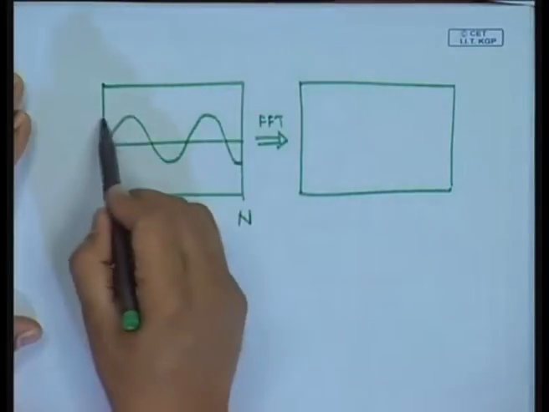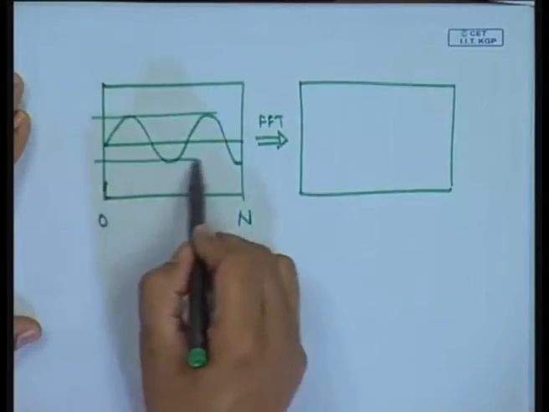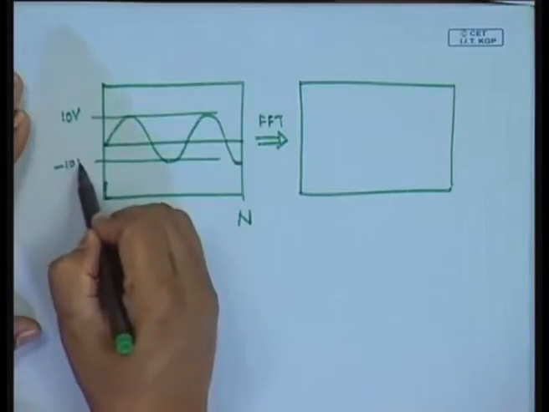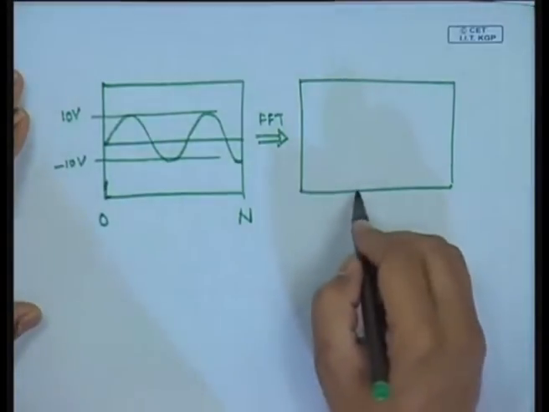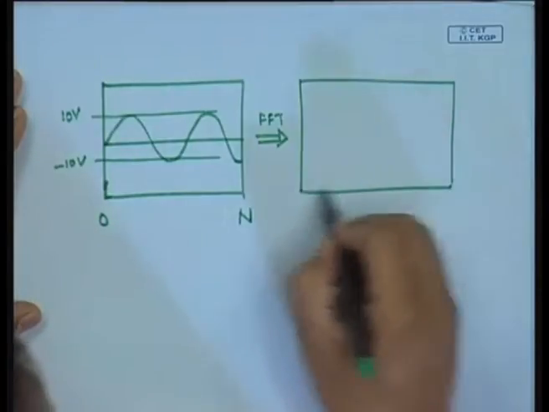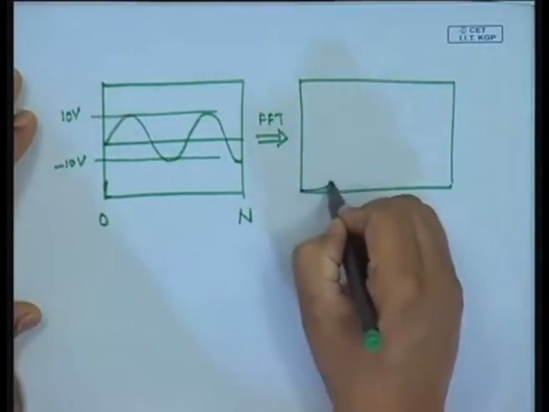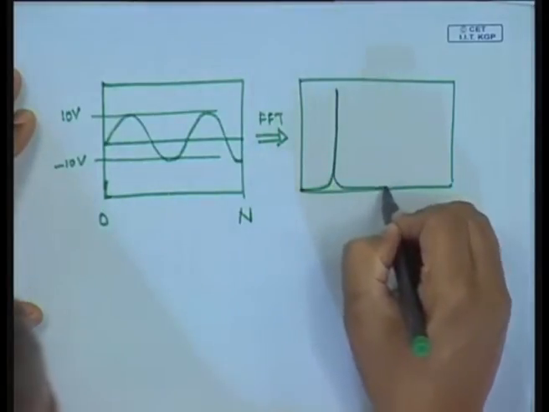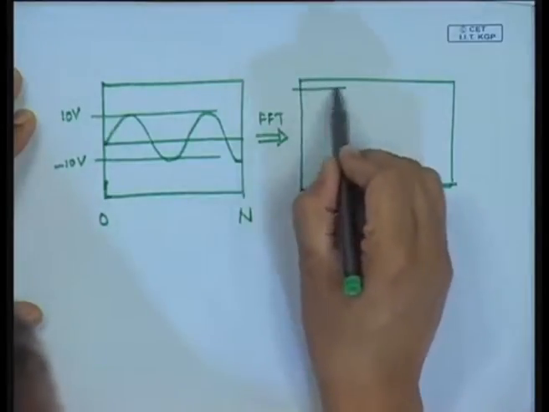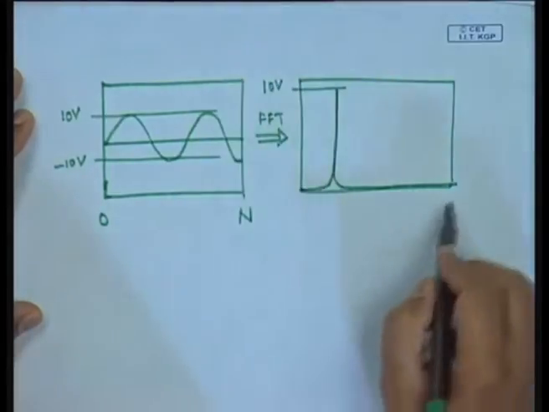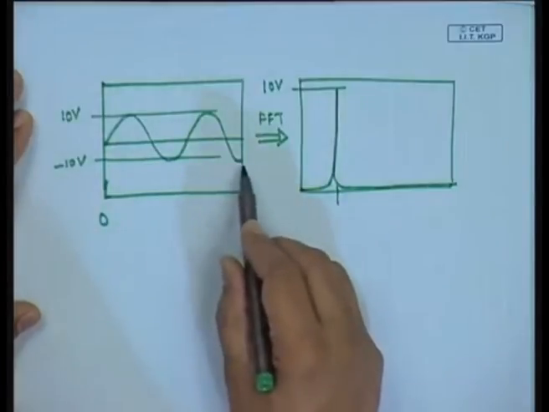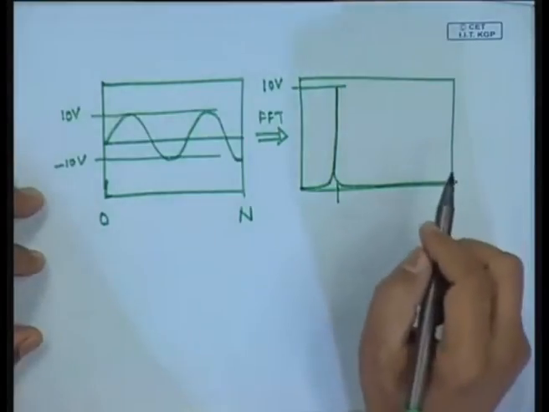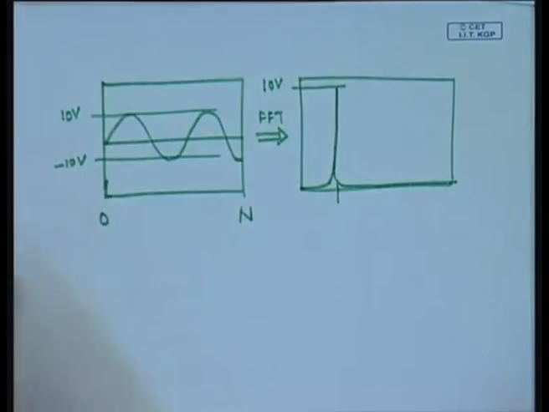So, if this was a pure tone signal, in the FFT, if I were just to plot the magnitude of this, I should be seeing one peak, and this should be of 10 volt, at the frequency corresponding to the frequency of the signal. But you will see in some instances what happens.